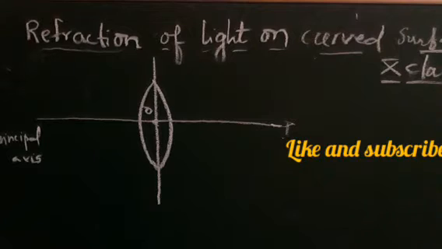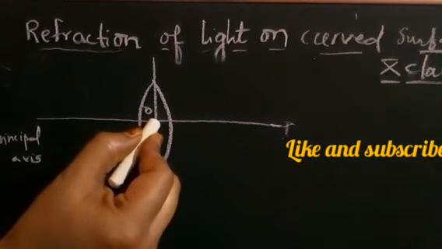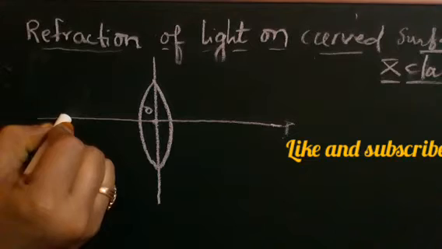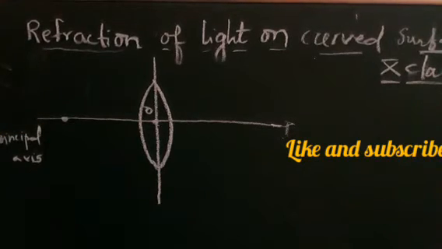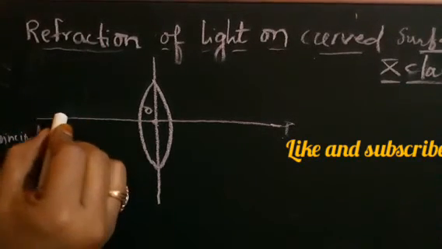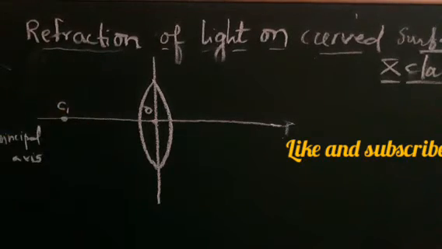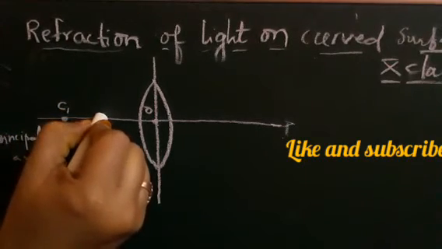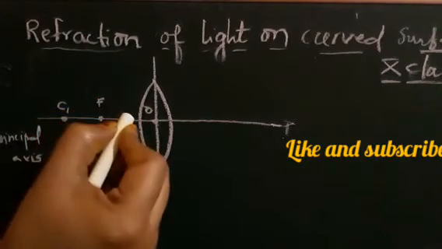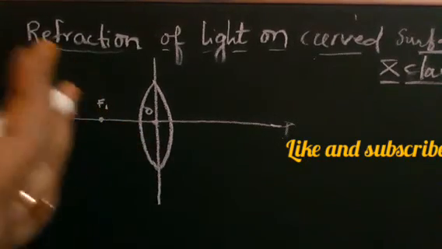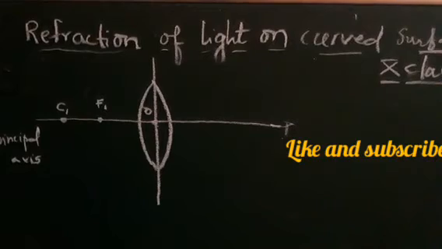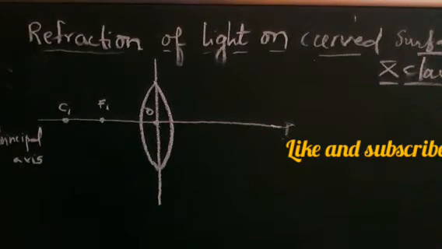Now we have a center of curvature. As we learned in our previous class, this is your center of curvature C1. Between them we have the focus point, where all the rays get converged. The point of convergence, or the point from which the rays seem to emanate, is called the focus point.